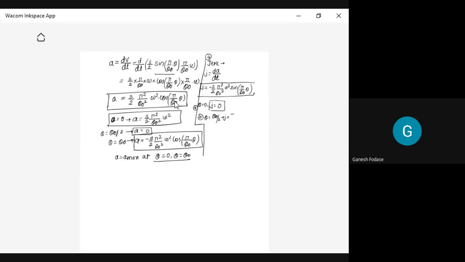So it is maximum: minus S by 2 pi cube upon theta O cube into omega cube. This is the equation of jerk at theta is equal to theta O by 2 and it is maximum.